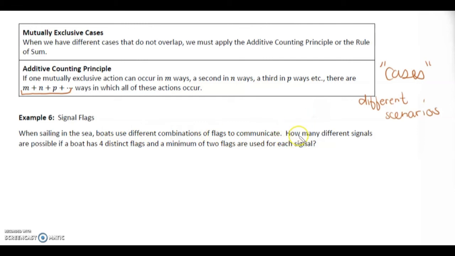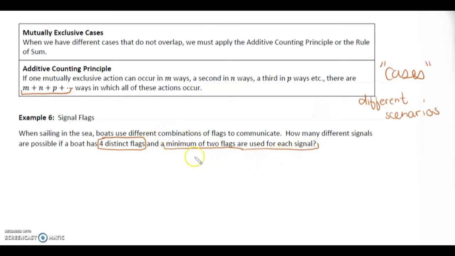How many different signals are possible if a boat has 4 distinct flags? So that's 4 flags to choose from, and a minimum of 2 flags are used for each signal.